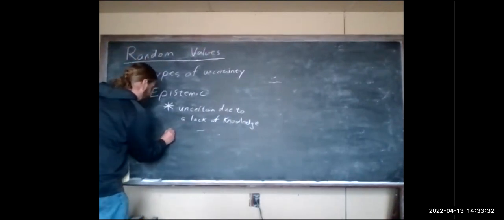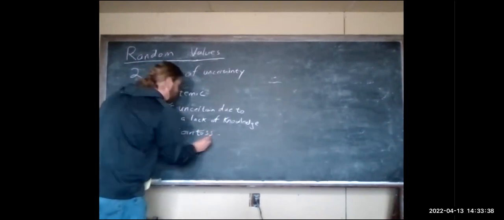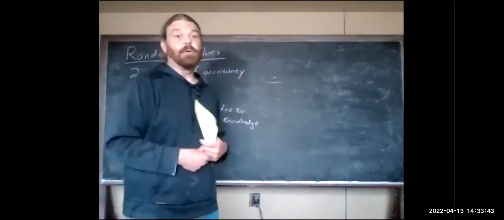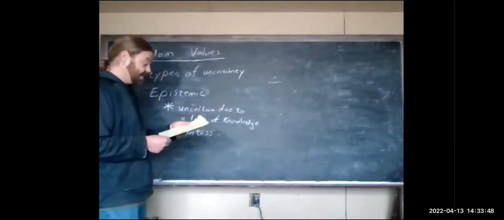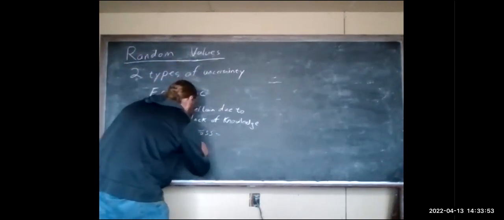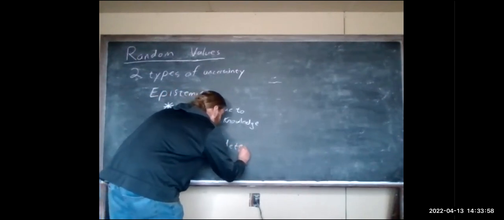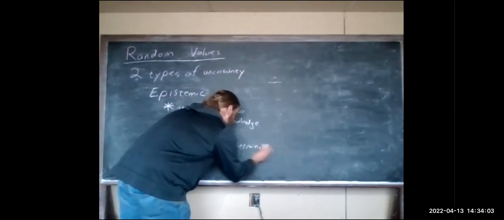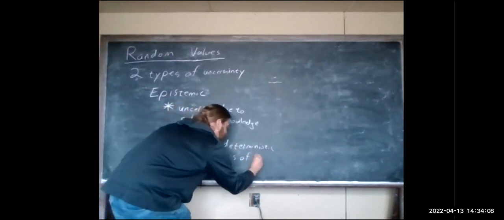The example I put here was a coin toss. That's even simpler than shuffling the deck of cards, because when we flip a coin, it's either going to be heads or tails. And technically, it's fully deterministic by the laws of physics.